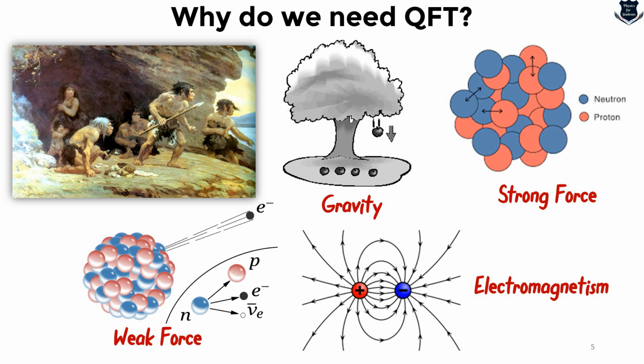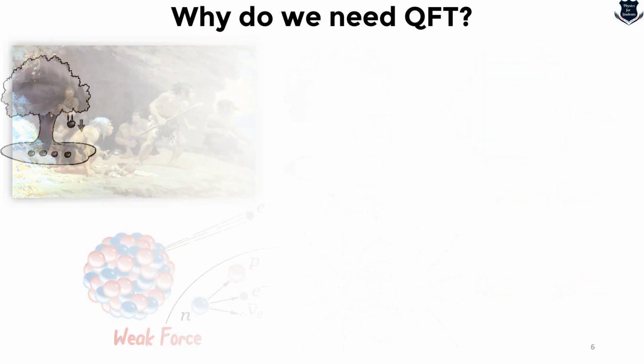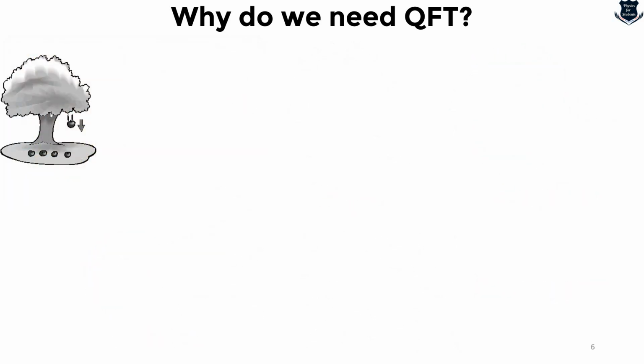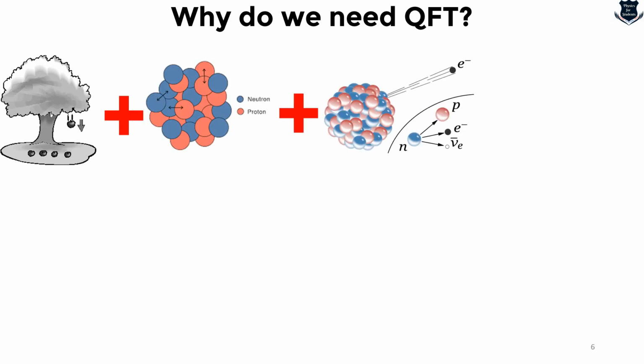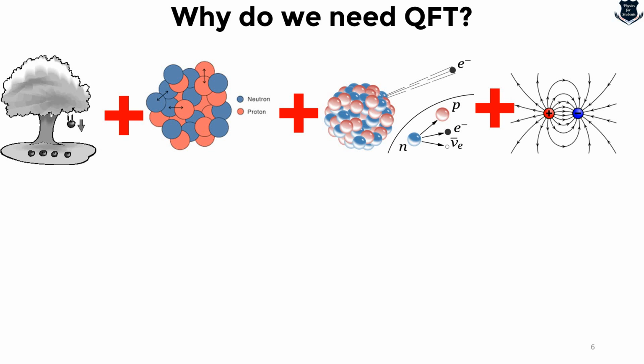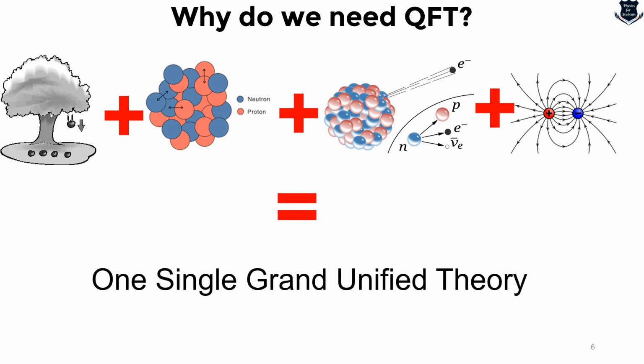As I was saying, everything we try to put in a much more portable, smaller fashion, so we also try to do with physics. So we try to unify gravity with the strong force and weak force along with electromagnetism into something unique, which is called one single grand unified theory, or a theory of everything, which we are still striving to achieve.